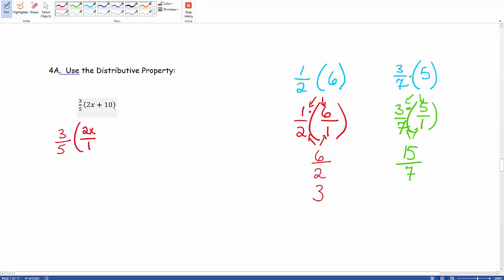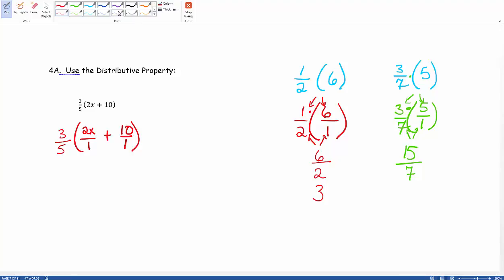Likewise, we can rewrite this 10 as 10 over 1, because 2x divided by 1 is still just 2x, and 10 divided by 1 is still just 10. So again, we're not changing this at all. We're just changing the way it looks.